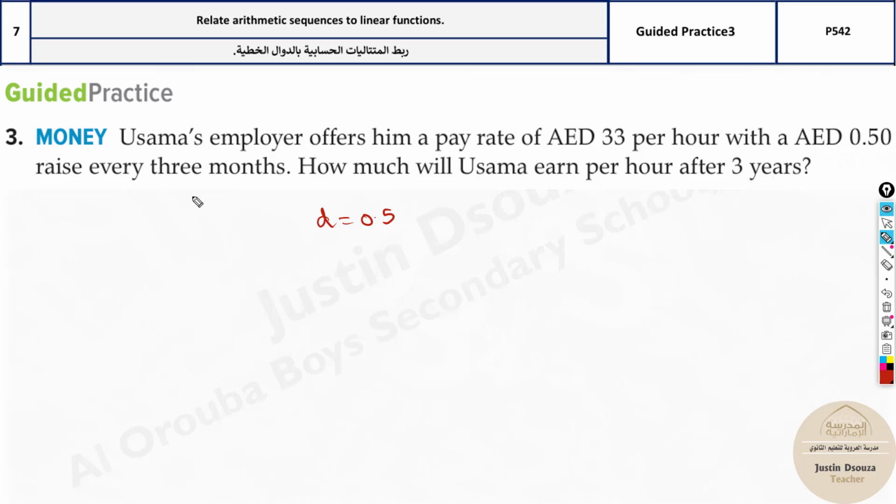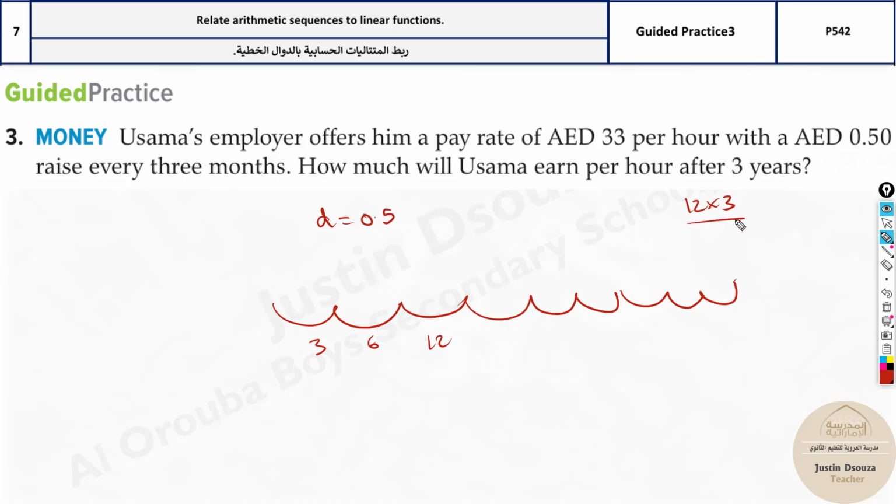So you need to see how many 3 months are there in 3 years. In the sense, for each 3 months, there will be a jump. 3 months, next will be after 6 months, 12 months. You can count it like this, or it's very simple. How many months are there in 3 years? 12 times 3.